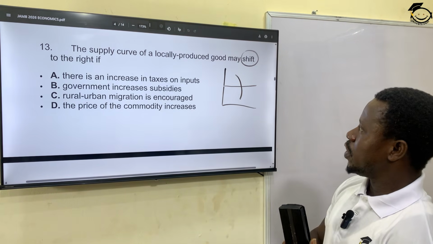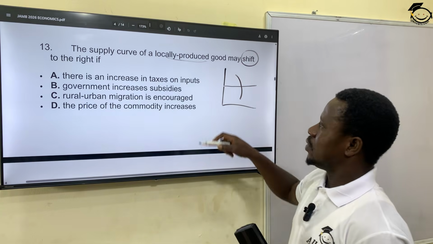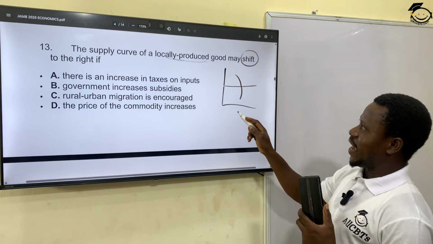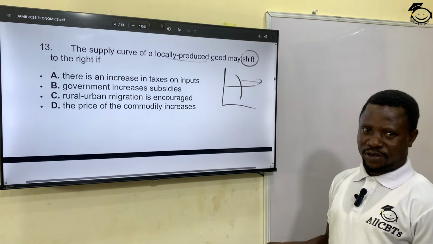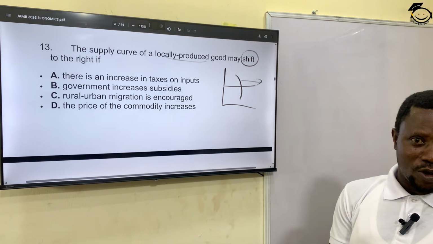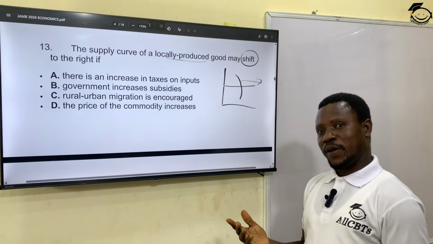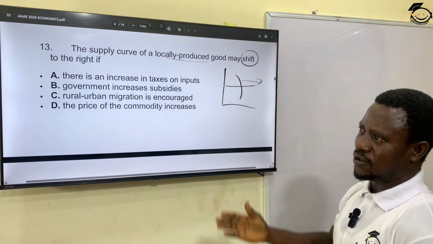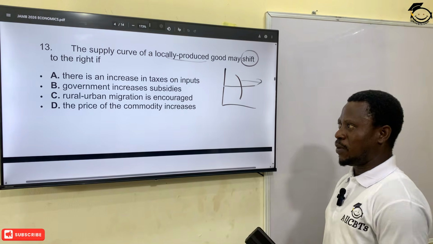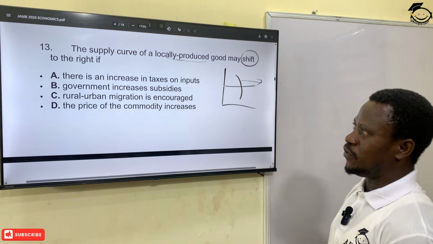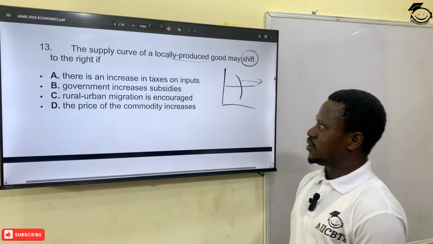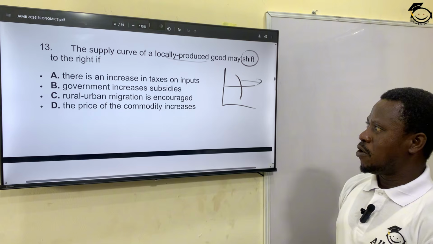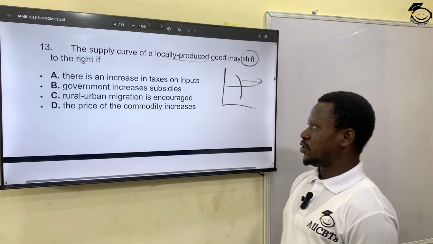So for locally produced goods, when the shift is to the right, which means the supply increases even when the price has not increased. Remember, that's already against the law of supply. The law of supply says that the higher the price, the greater the quantity supplied. But now the price is constant and supply still increases. So what factor could be responsible for this? A, an increase in taxes on input; B, government increases subsidy; C, rural urban migration is encouraged; D, the price of the commodity increases.